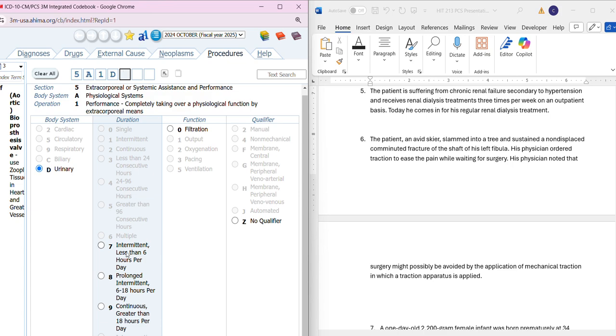And typically, when patients do dialysis outpatient, it's only for, say, 1 to 3, maybe 4 hours a day, several days a week. So it's going to be 7, intermittent, less than 6 hours per day.